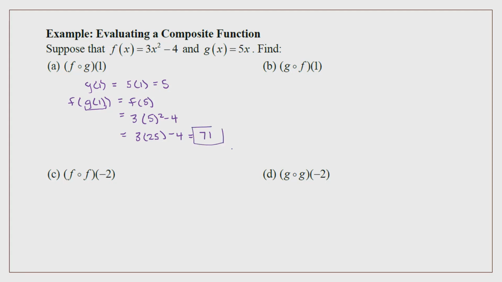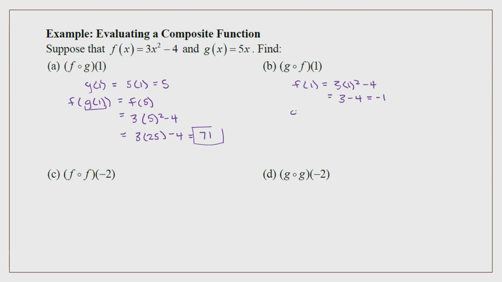For b, we're taking g composed with f. So now we're evaluating g of f of x when x is 1. We'll first take f of 1. Substituting 1 into f of x, that's 3 minus 4, which is negative 1.